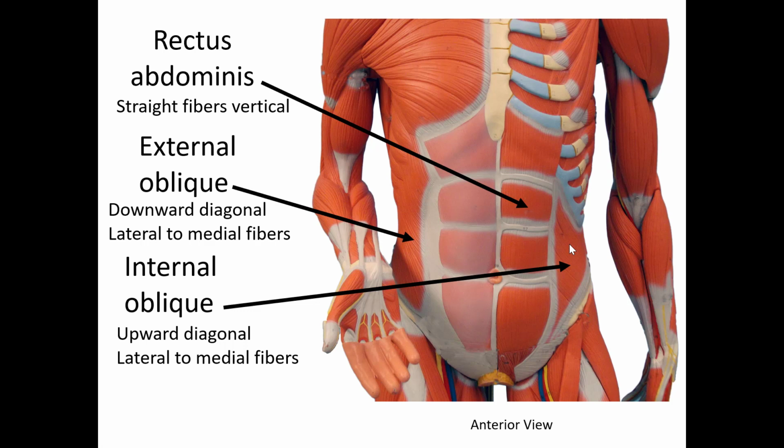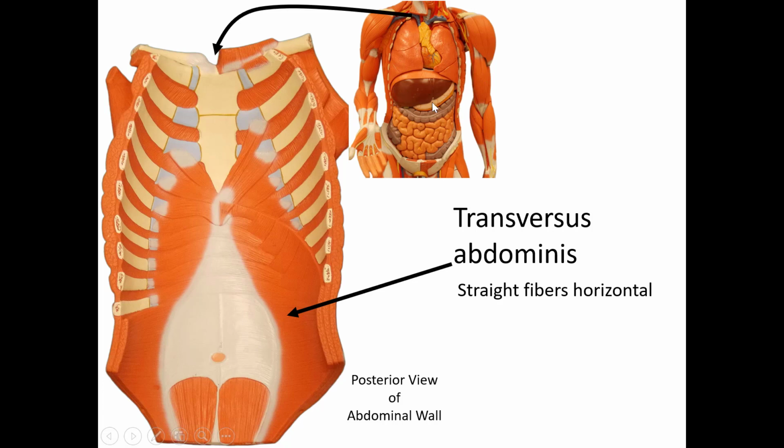If that doesn't work for you, maybe you can remember that the external obliques, when you have both of them in place, make a downward pointing V, make an arrow downward. And perhaps you can remember down and out, that the fibers that make the downward V are the outer or external oblique fibers.